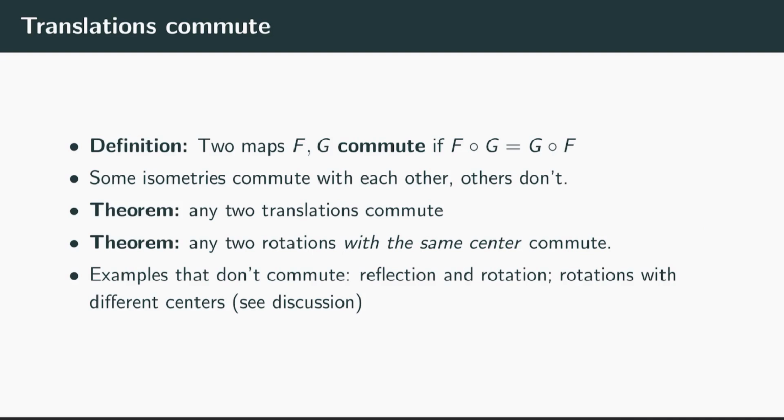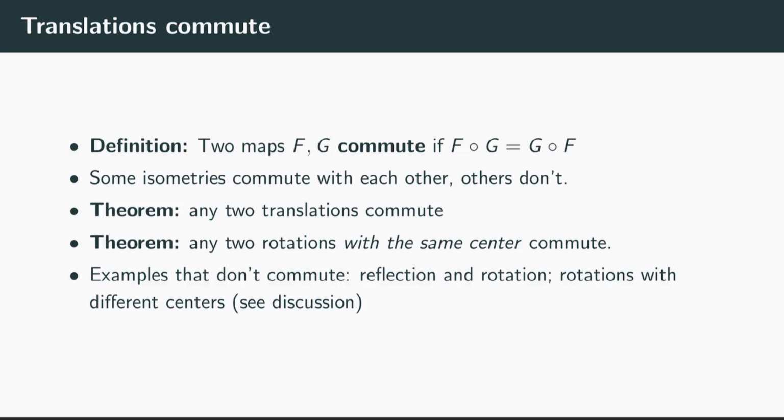Similarly, if I take rotations with different centers, that will not typically commute. Right? There's some weird arrangements where maybe you can make things commute, but the typical arrangement of these things will not commute. And I ask you to think a little bit more about it in this week's discussion prompt.